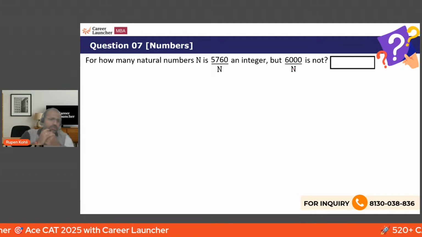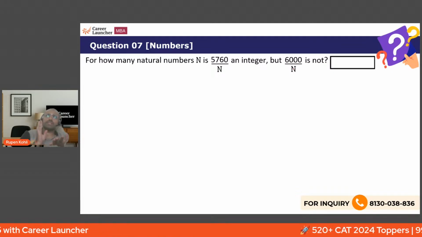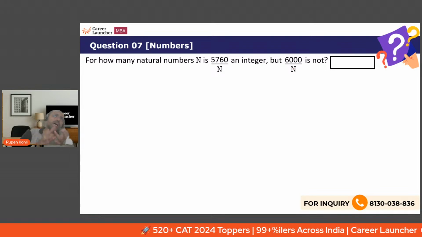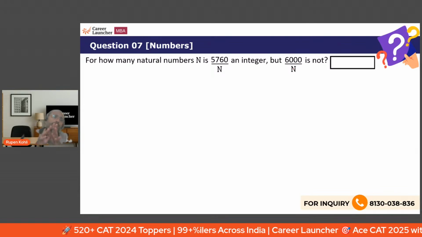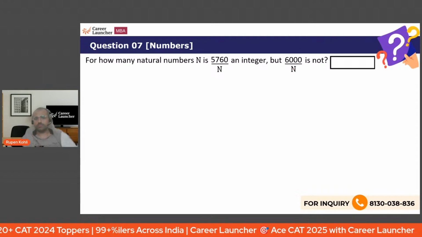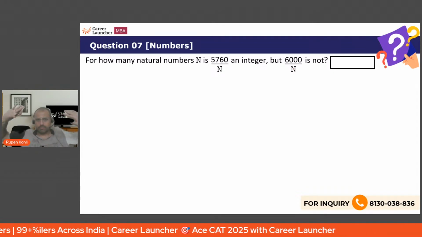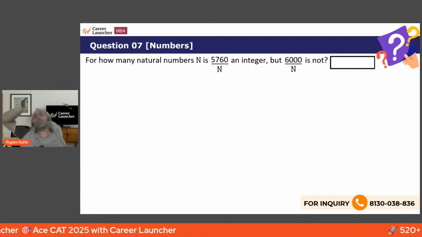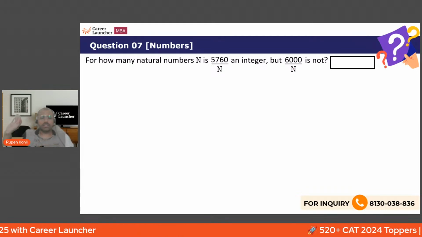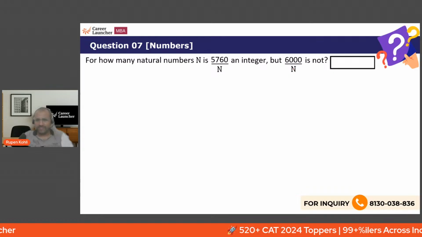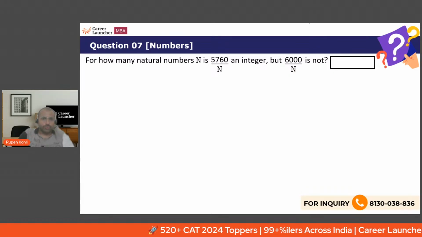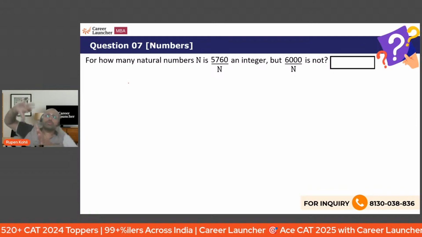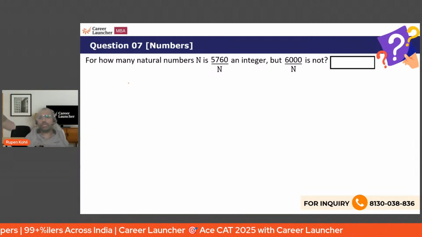Right. So, this is a question clearly in factors. So we are trying to find those factors of 5760 which are at the same time not a factor of 6000, isn't it? Those factors of 5760 which are not the factors of 6000 would make this condition happen, isn't it? Yes or no? So from the factors of 5760 we have to remove those factors which are common to both the numbers.